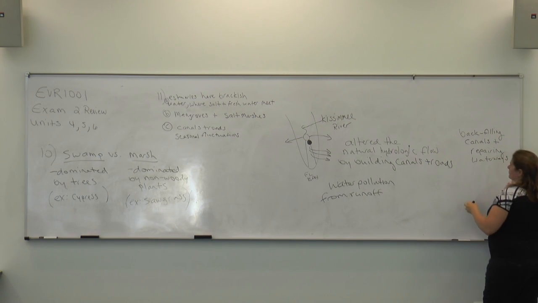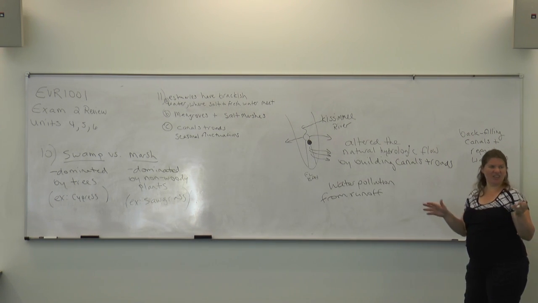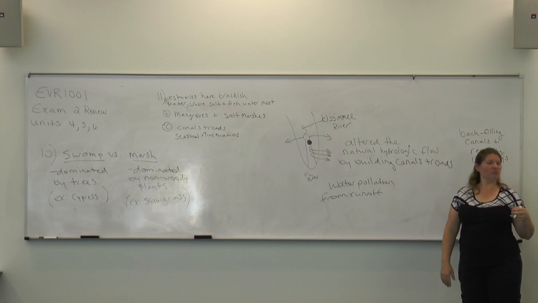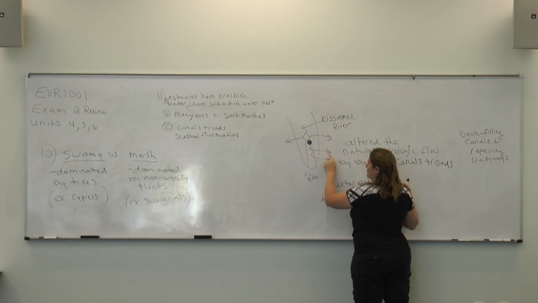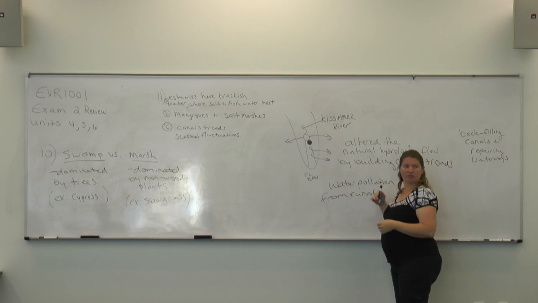What do they fill the canal with? Like sand and dirt. They just fill it in, and then the water just starts to take its normal course south, like it should.